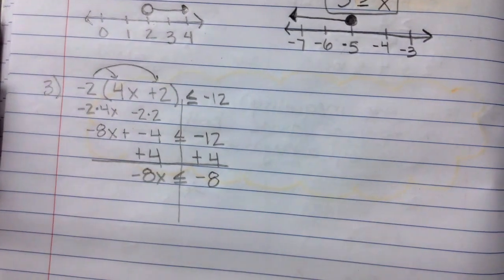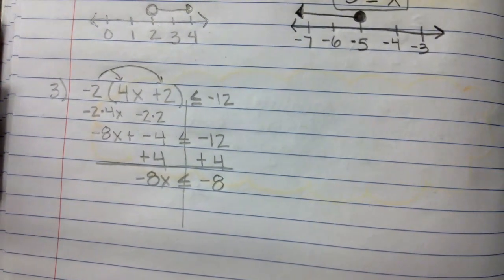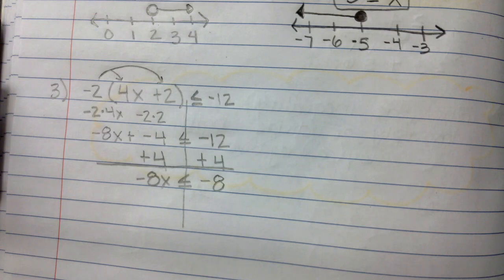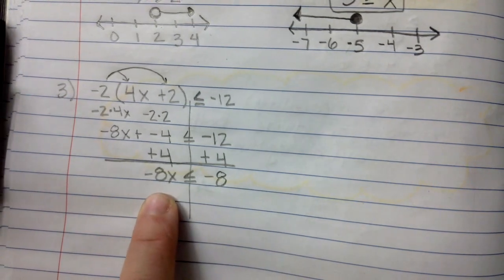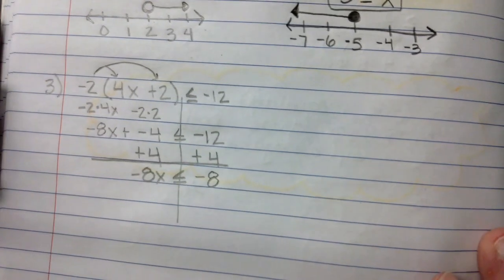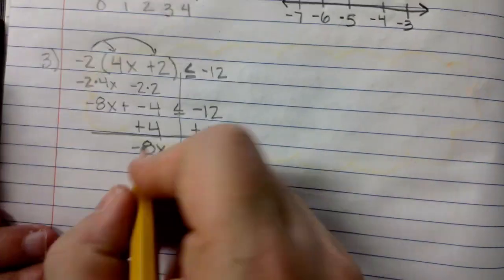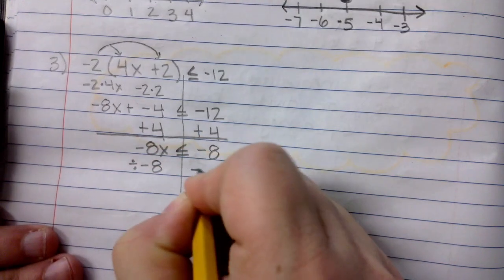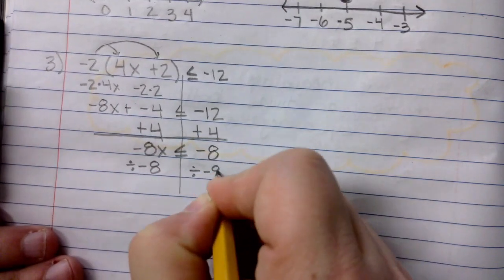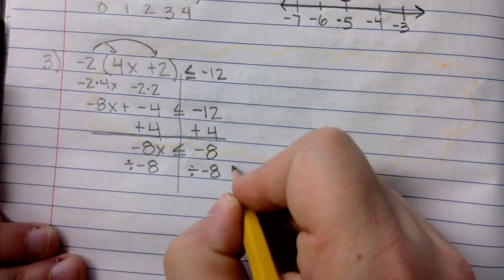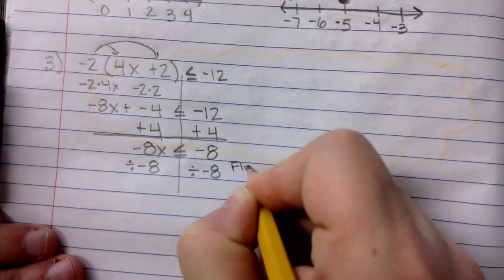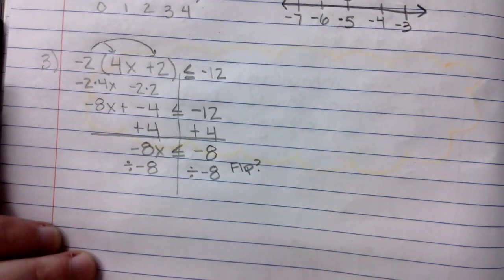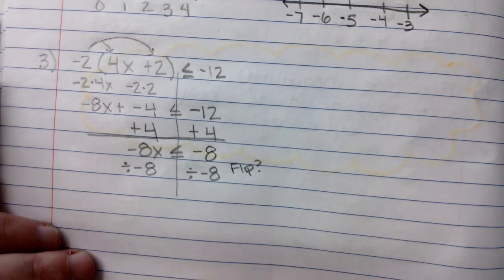So it's going to be x is, what's the new symbol that we're going to use? Great, greater than or equal to. I meant like good, but I said great. Positive 1. This says flip, sorry. Got a little messy.